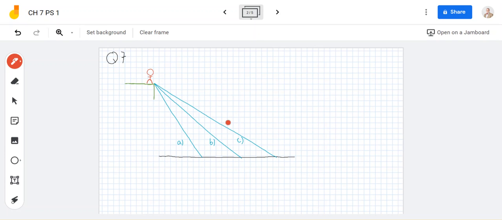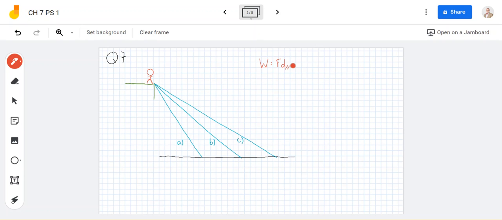All right, so again, our definition of work is equal to the F times the D that are parallel. You can either adjust this so that the force is parallel to the distance, or the distance is parallel to the force.